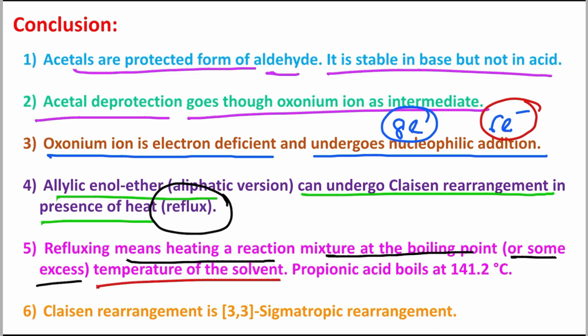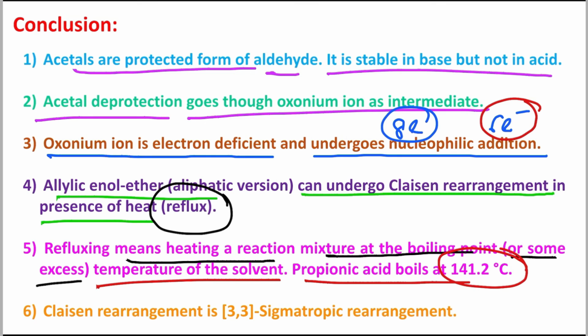And if you look at propionic acid, it boils at 141.2 degrees centigrade. So plus 10, 15 or plus 10 to 20 degrees centigrade extra needs to be given such that refluxing becomes possible. Under this much heating condition the reaction is going on, and that's why this Claisen rearrangement is possible.